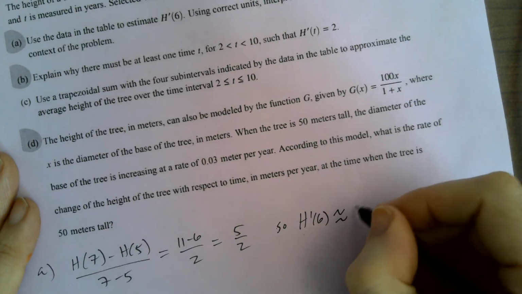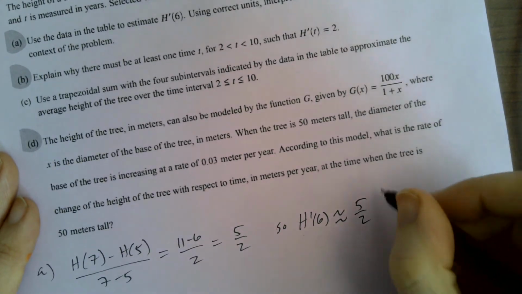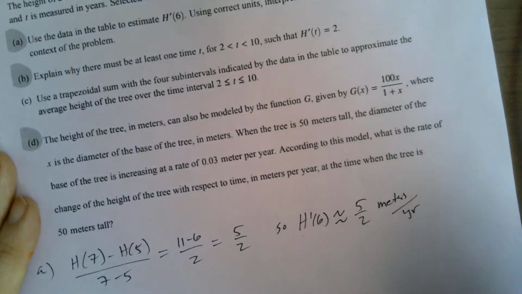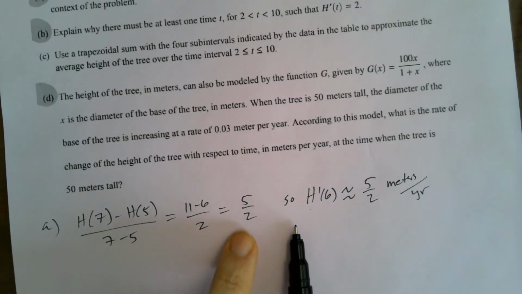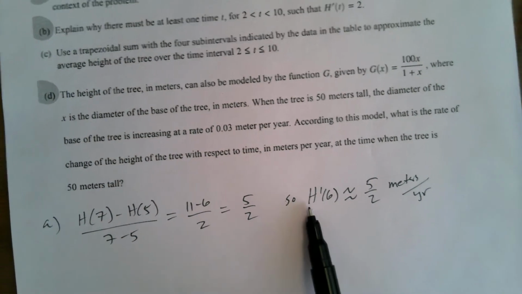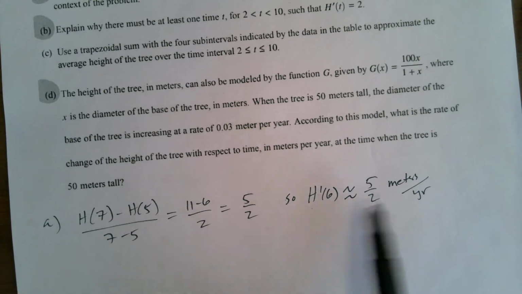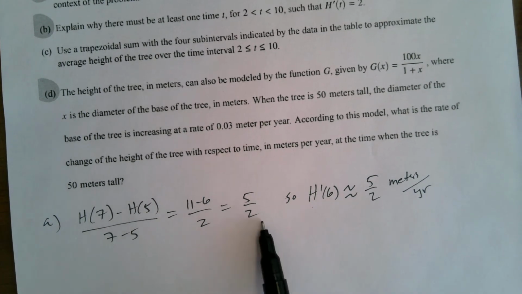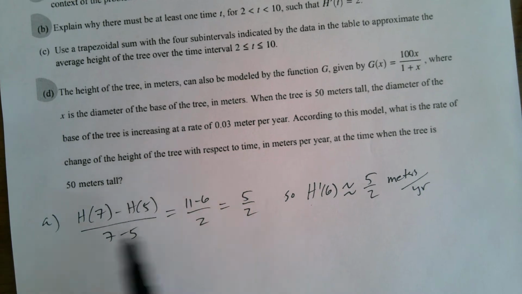Don't use equals here, guys. And then we need units: meters per year. I think they'd be fine if you just did this and then said meters per year, because you're answering that. But if you didn't write this exactly, it's fine. Just tack on units here, and I'm sure you'd get full credit for that.